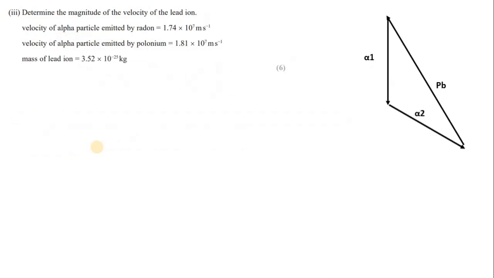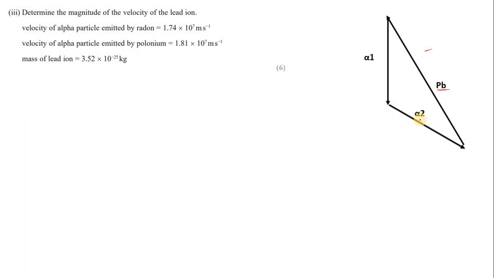Determine the magnitude of the velocity of lead ions. So we need to use the law of conservation of momentum. This is the diagram that we drew in the last question. This is the vector momentum of lead, this is alpha 1 momentum vector, and this is alpha 2. Now we have a vertical momentum of alpha 1, but we have a component of alpha 2.